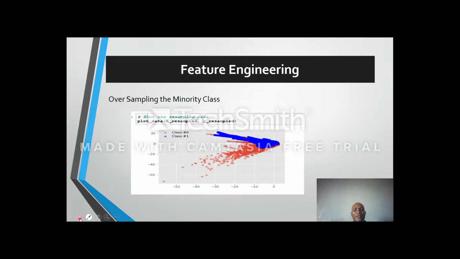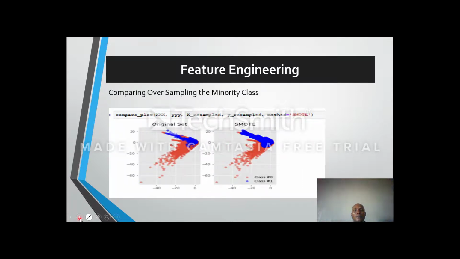Let us compare the data that we didn't apply oversampling the minority to, against the original data. From what we have, you can see that the plot is still very close to the same, except for the fact that the sampled data now has more of the fraud cases and is also in the neighborhood of the original fraud cases.